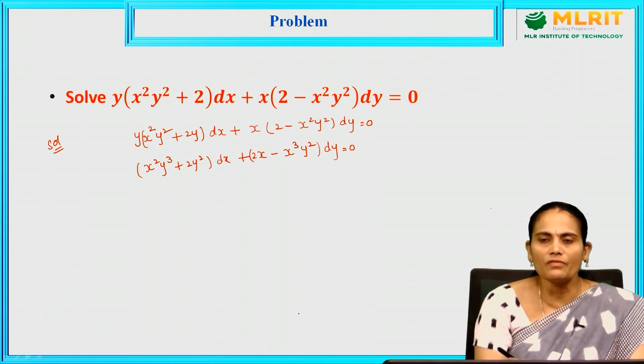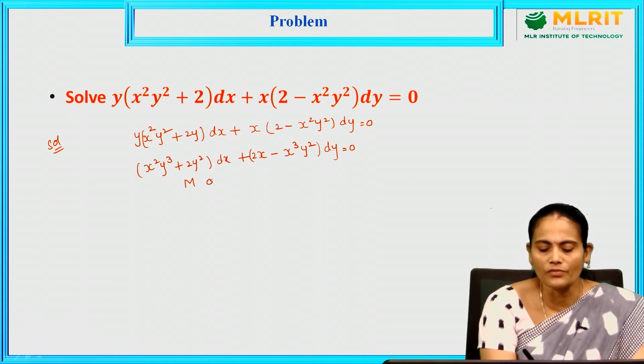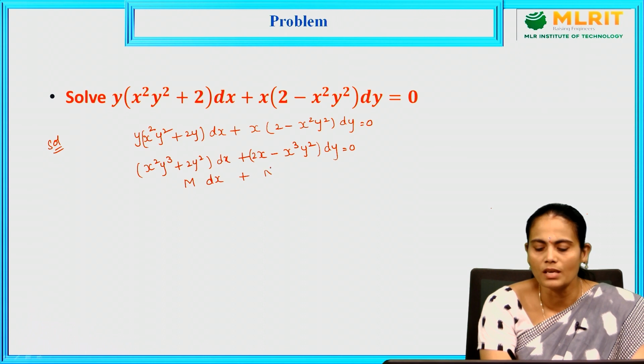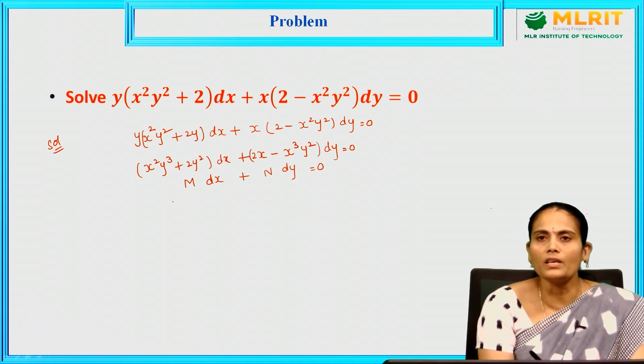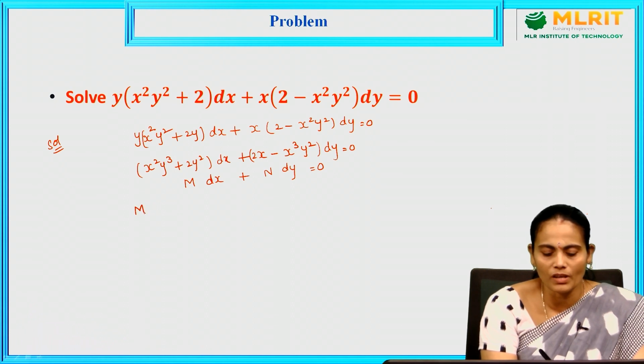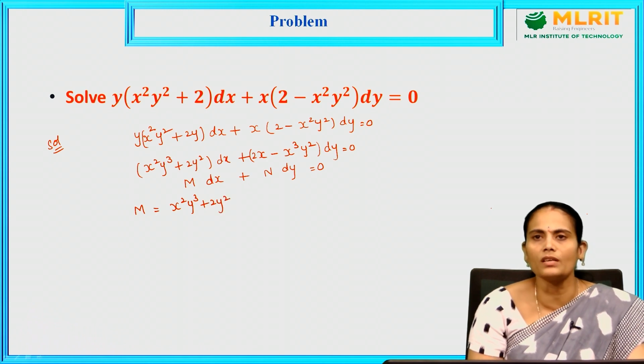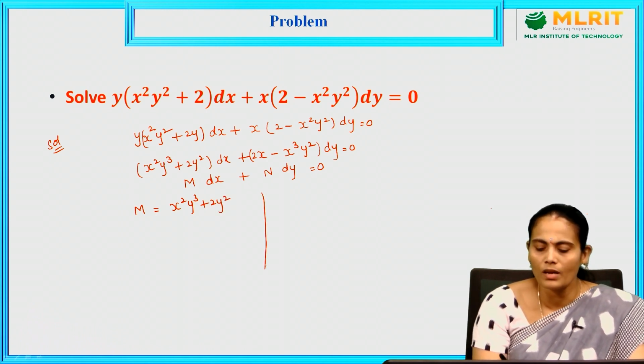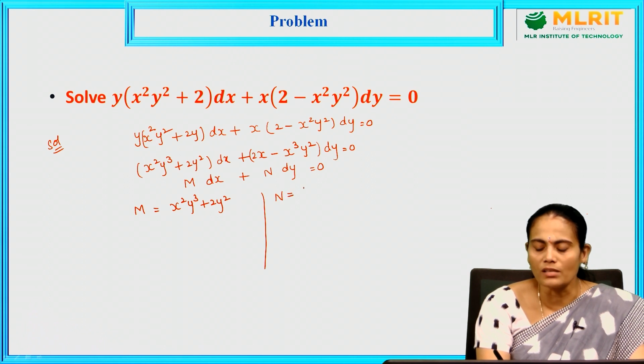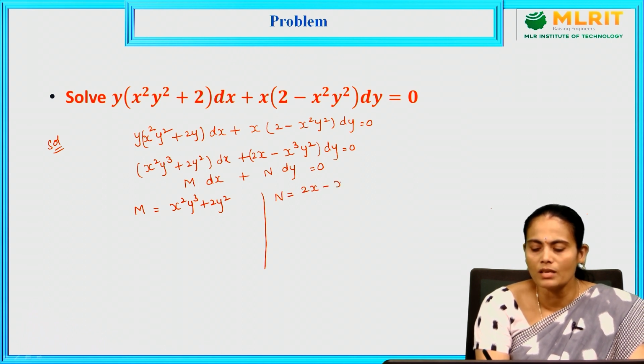So, now the given differential equation is of the form m dx plus n dy is equal to 0. Now separate the m and n functions. Here m is equal to x square y cube plus 2y square, and the function n is 2x minus x cube into y square.